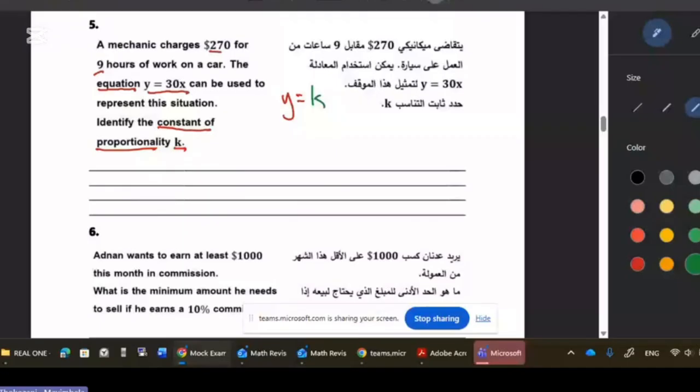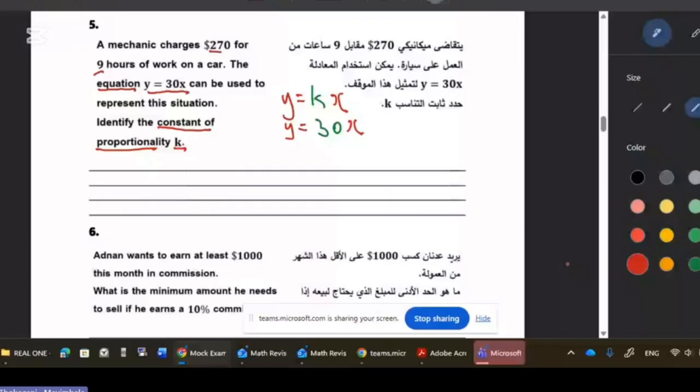So what does this mean? This equation is written like this, y equal to 30x. So this 30 represents k. And k is a constant of proportionality.